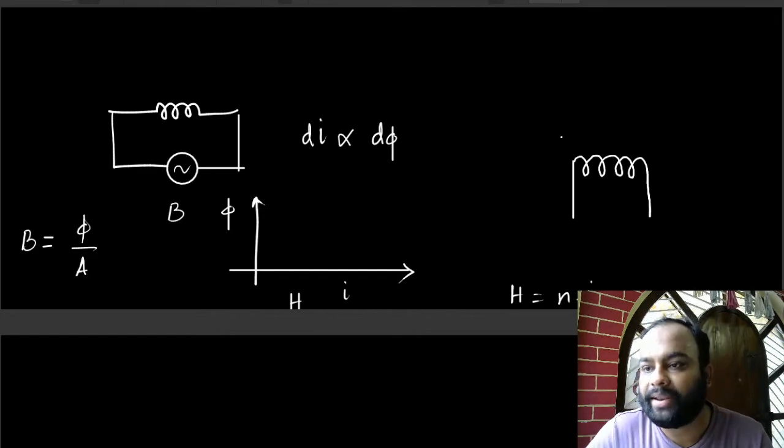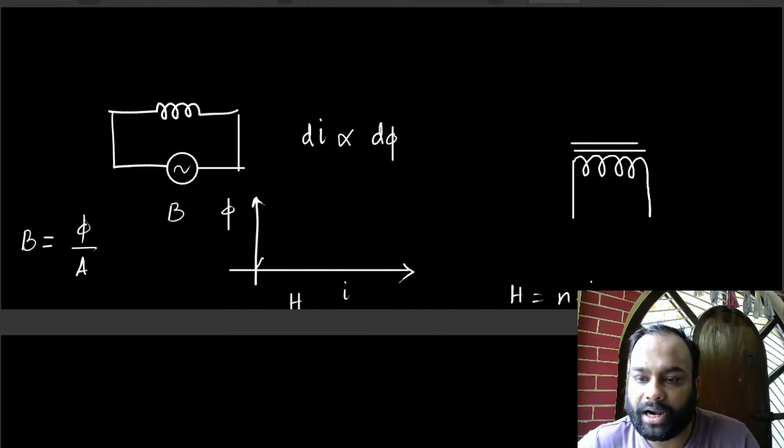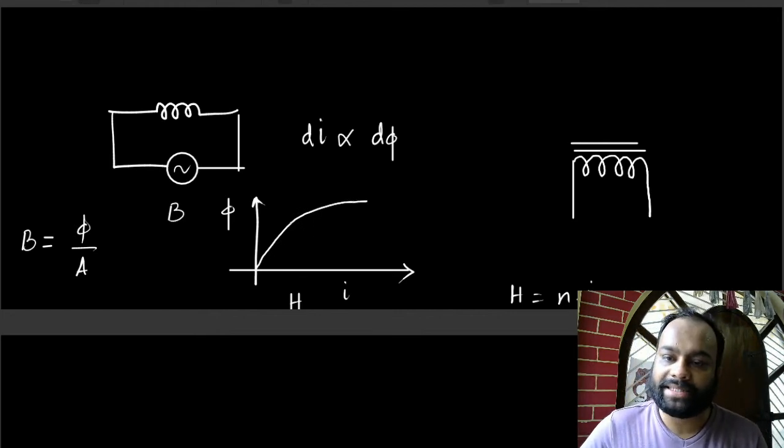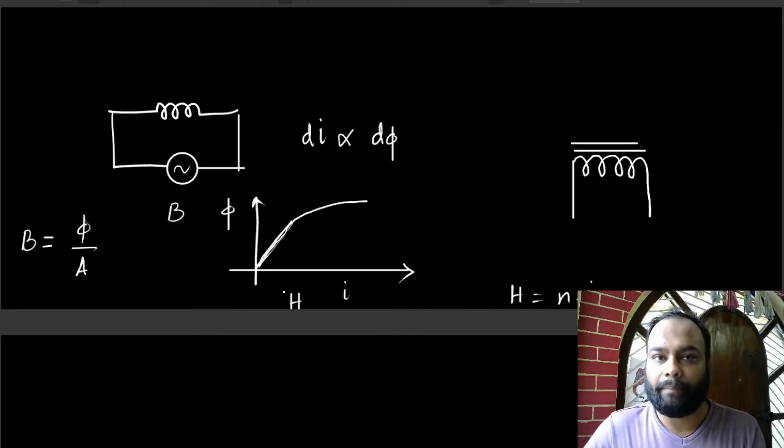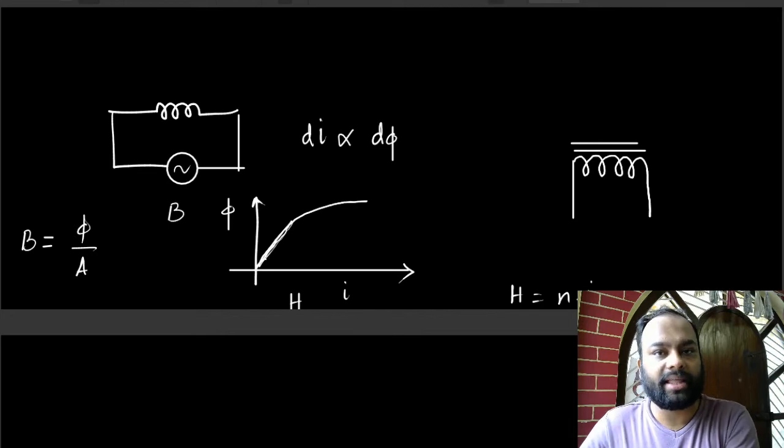But what happens if I have a ferromagnetic core with an inductor? This curve automatically goes into something called saturation. So I might see a linear zone, again, you studied this in other subjects, up to a certain point of current, up to a certain value of H. But if I go on increasing the current beyond a certain limit, what happens?